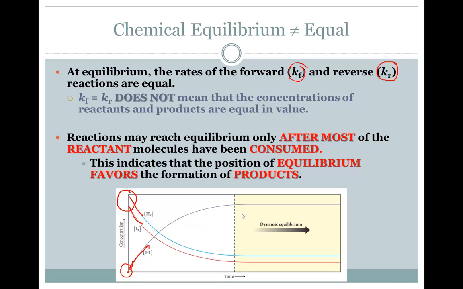If the equilibrium favors the products, a lot of the reactants are going to be used before it hits that dynamic equilibrium point. So this indicates that the position of equilibrium favors the formation of the products, because we have lots of products here and very little reactants because they've all been converted.